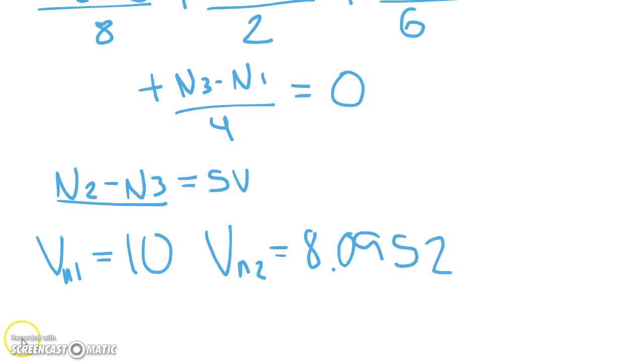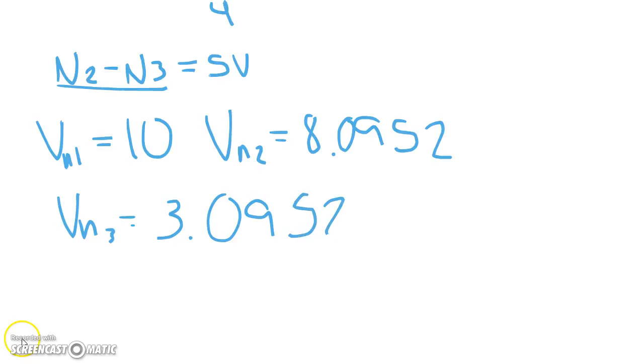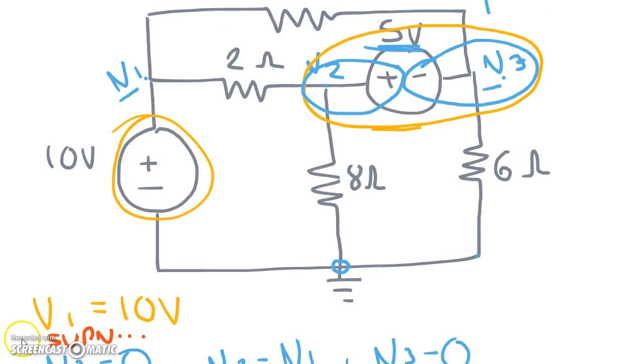Remember to always put 4 numbers after the 0 in order to be more exact. And voltage number 3 is equal to 3.0952 volts. So now we have the voltage of every node.